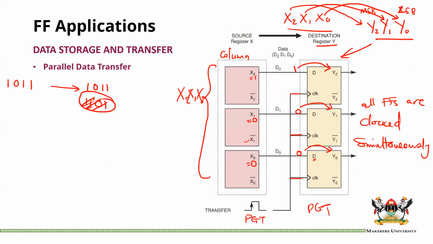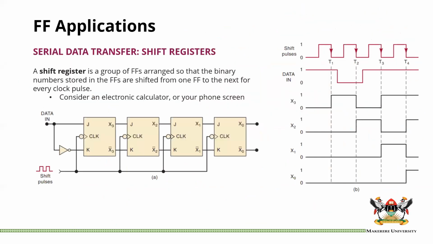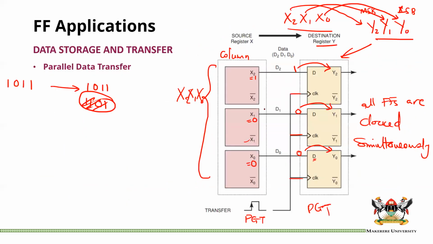Okay, so I had a question for you since you don't have a question. We are in this parallel transfer. I have my x2, x1, x0, which is 1, 0, 1. After 1 pulse, what is y2, y1, y0?